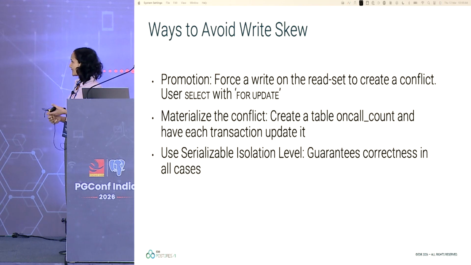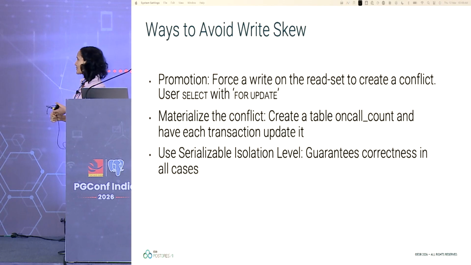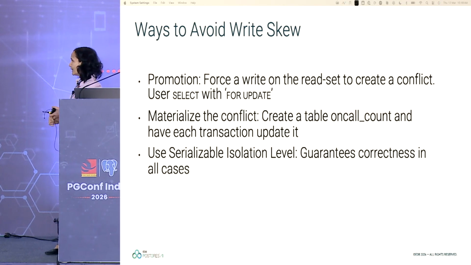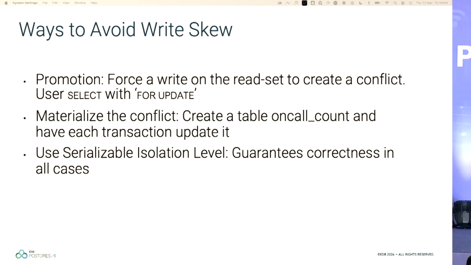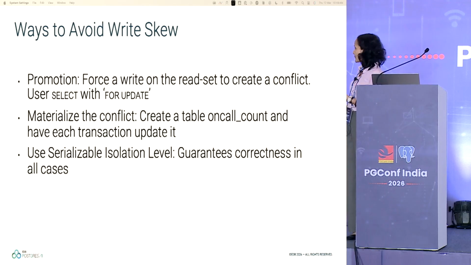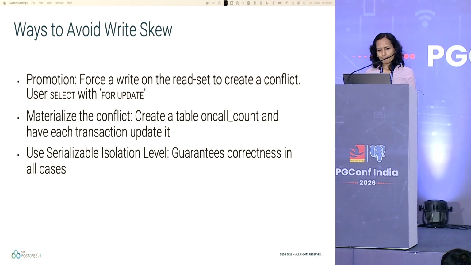Or we use the serializable isolation level. Both of the first two methods require a knowledge of the application, and in an application with a lot of transactions, it's difficult, and in applications where we can have ad hoc transactions, that's not possible. So the safe way to do it is to use serializable isolation level, which guarantees correctness in all cases.